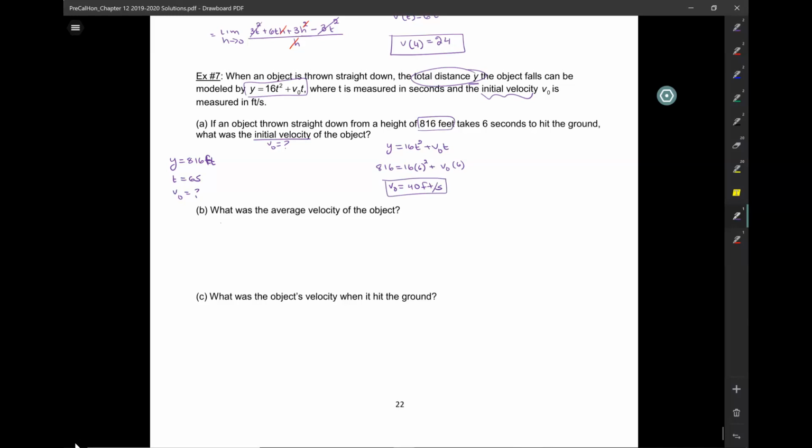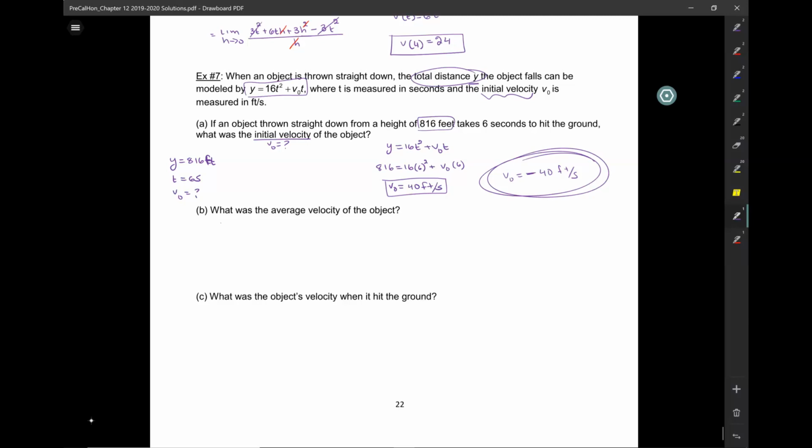However, remember that this is an object going straight down. We have to signify that in our answer. So we say that the velocity is actually negative 40 feet per second because it is going in the negative direction. You yourself have to know to add that.